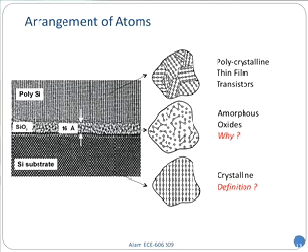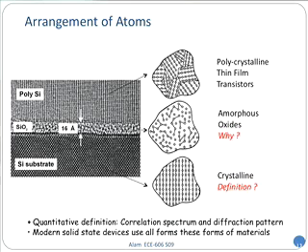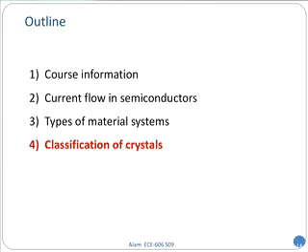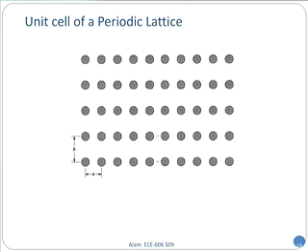You see? So let's talk about crystalline semiconductors and the classification of crystals. This is a periodic array of points. It could be ions, atomic ions for example, but for this case, just assume that these are geometrical points, an array of geometrical points.